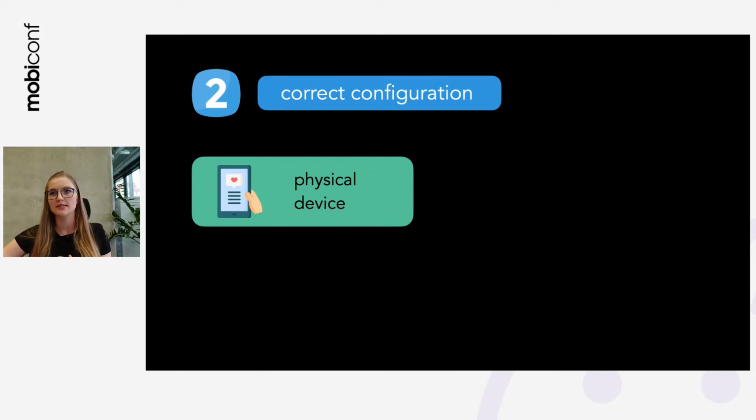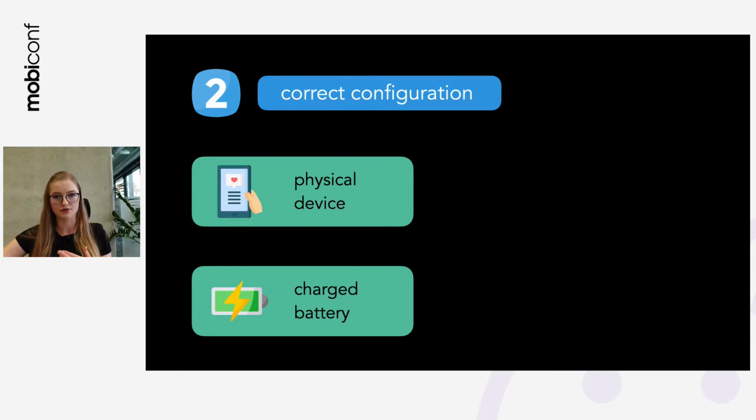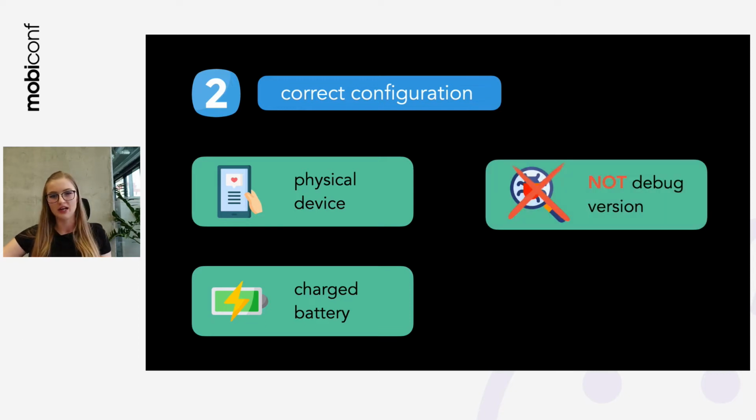And it also checks if the device battery is charged, because it can also, of course, affect device performance. And the last, in my opinion, very important thing is that it also verifies if we run those tests on an app variant which is non-debuggable.